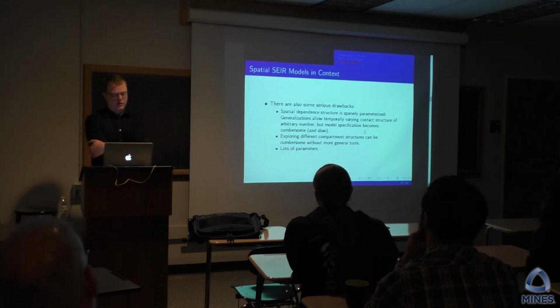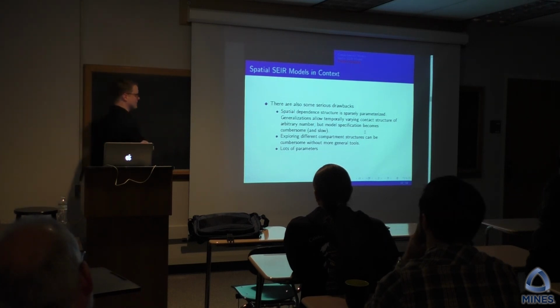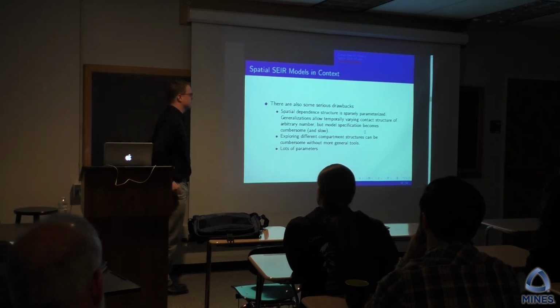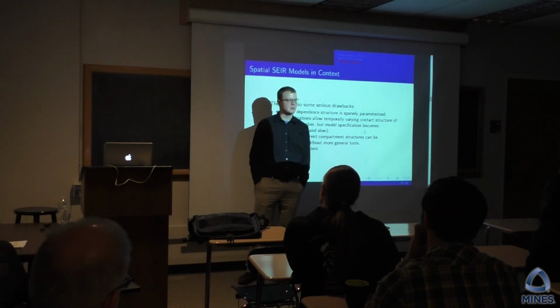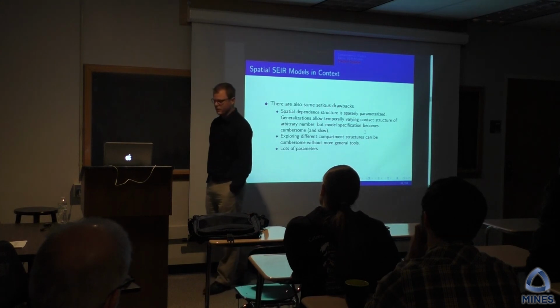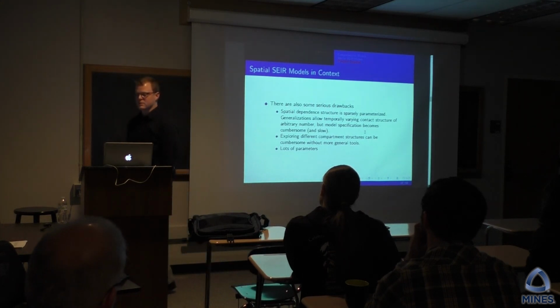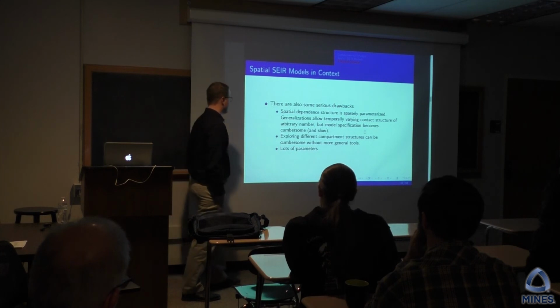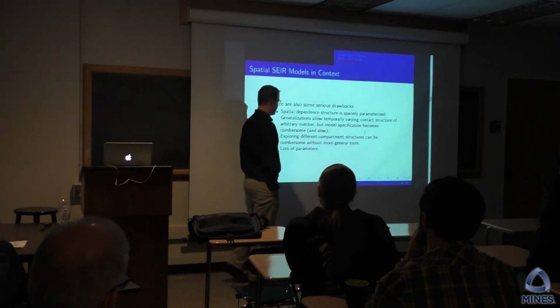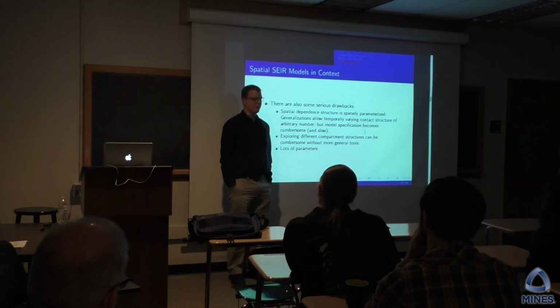Additionally, it can be very cumbersome to explore different compartment structures. So what I mean there is if we add different letters. If a single latent state, for example, is not a reasonable description of an epidemic phenomenon, and we needed to account for the fact that some individuals transition immediately, some individuals then maybe move directly to the recovered state, let's say. If, for example, it's possible to acquire a pathogen and then develop immunity without ever becoming infectious.